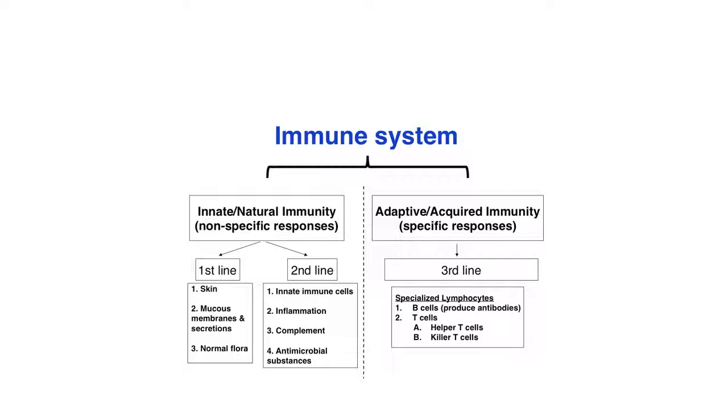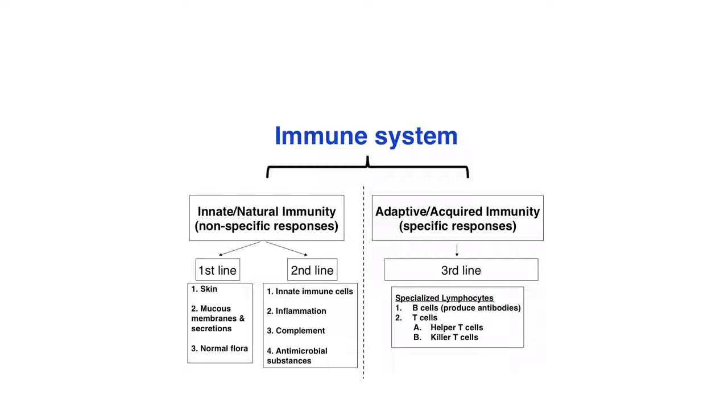Also, there are microbicidal substances that kill microorganisms in your saliva, in your sweat, and in your tears. And all these substances are, again, non-specific. They don't care what kind of foreign agent it is. They just interact with it, and if it is foreign, not part of me, they destroy it.